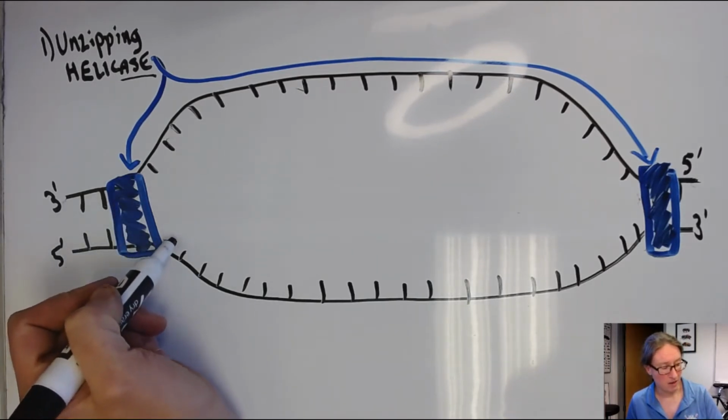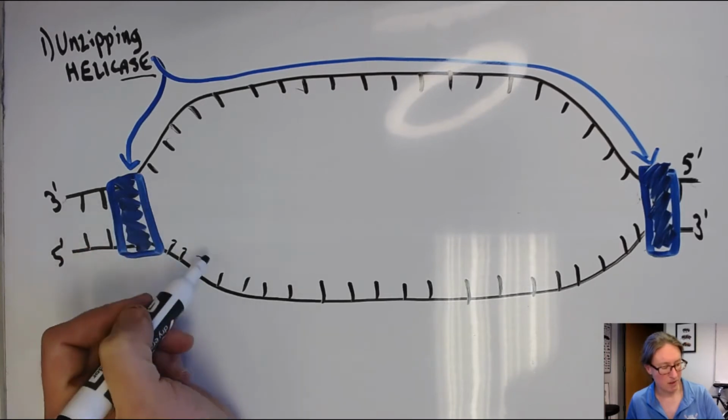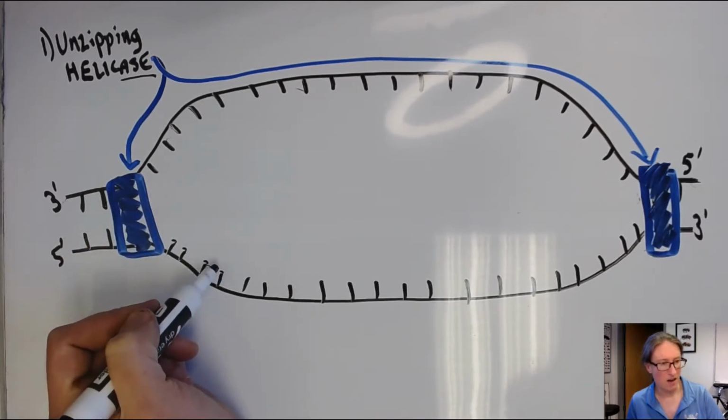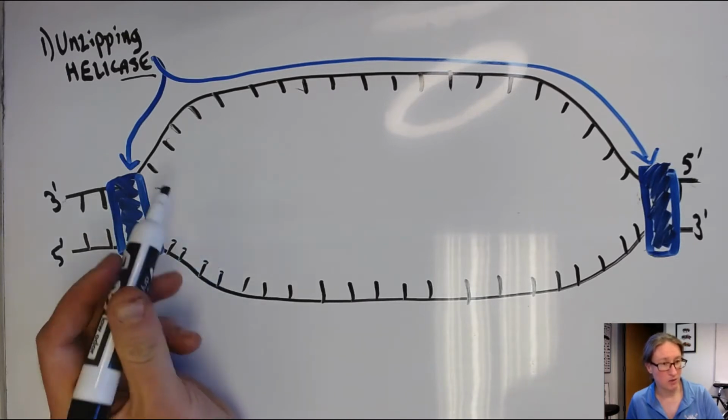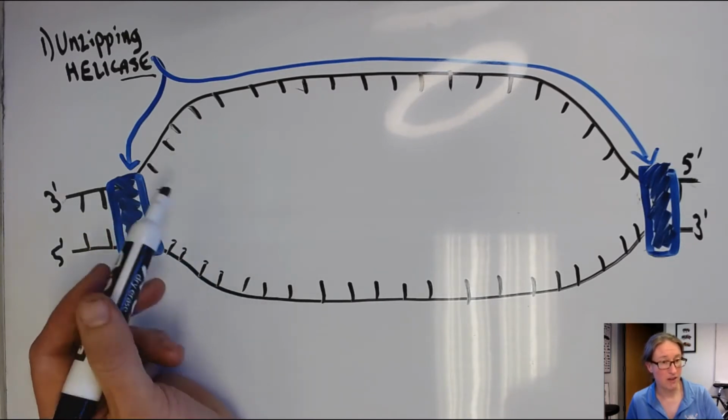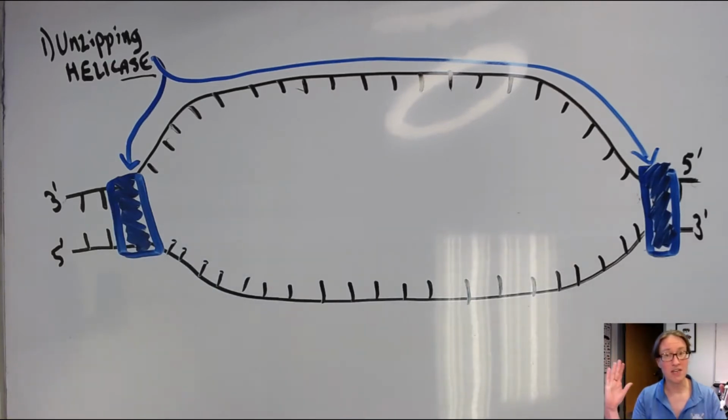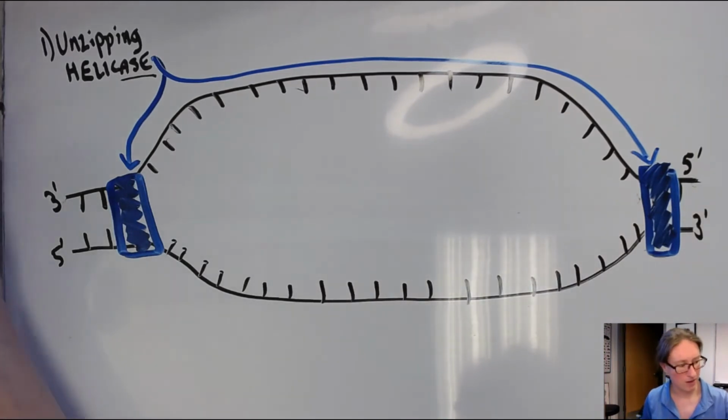But these nucleic acid bases, nitrogenous bases, are nonpolar. So they're naturally going to gravitate back towards each other, and they could easily re-anneal is the phrase that's used, or reattach to each other. So the next thing that has to happen is just keeping those apart from each other.